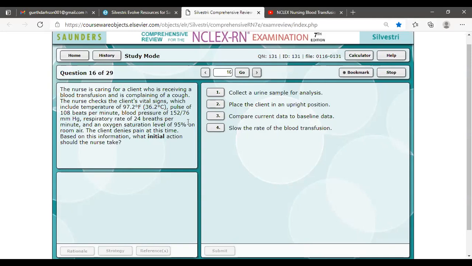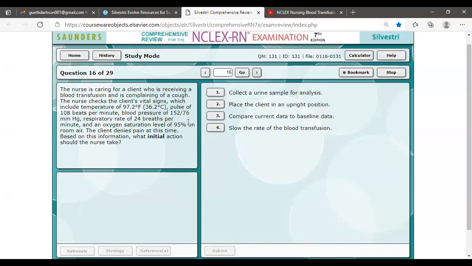No chill, no back pain. But the vital signs fluctuate a little bit, higher than normal. So in that case, we have to observe the patient. We have to compare and contrast the vital signs we took before with the vital signs right now, and observe for the next 5 to 10 minutes.